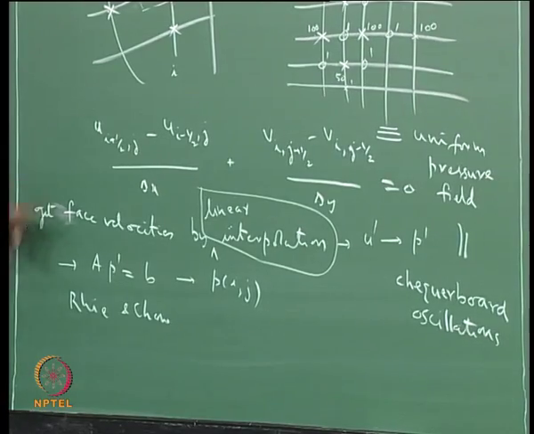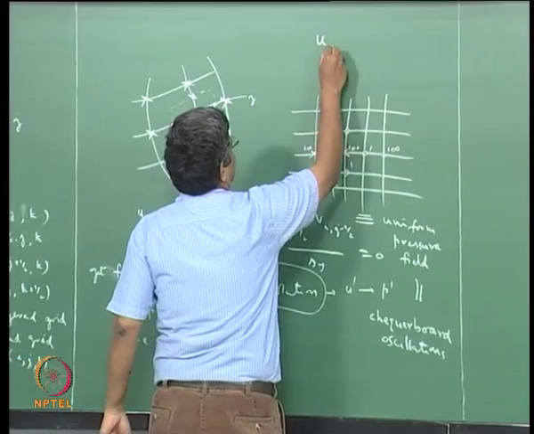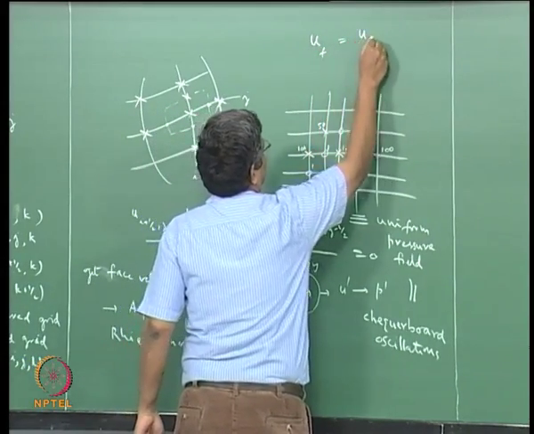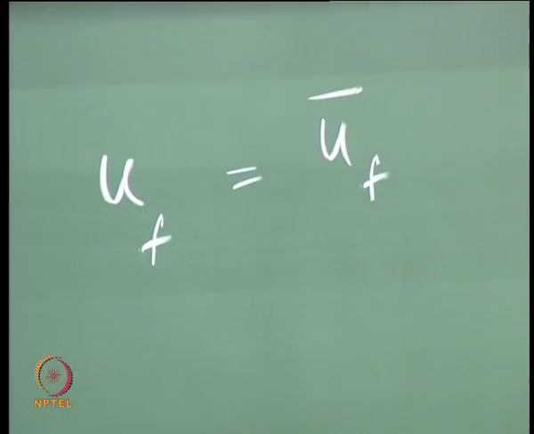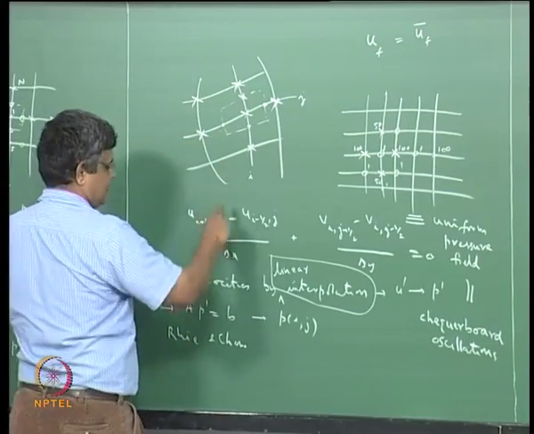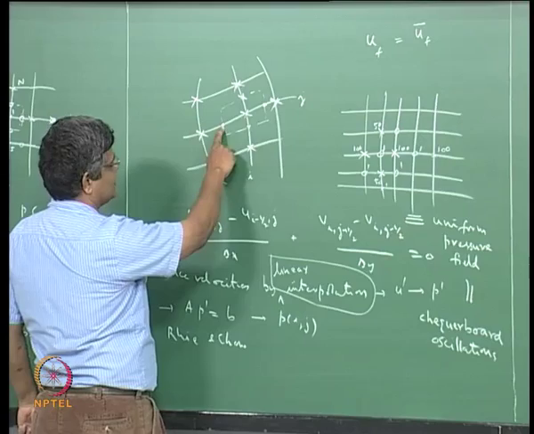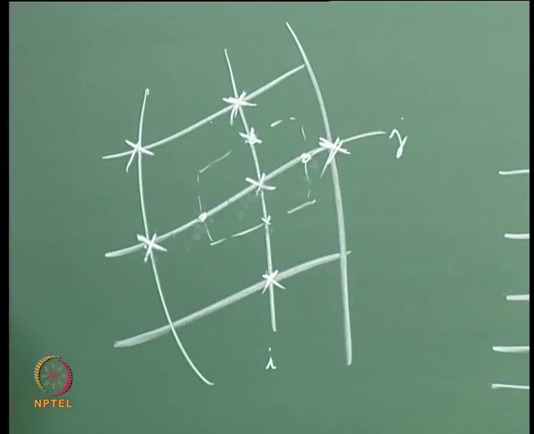They suggested that the phase velocity here is obtained by the interpolated phase velocity. If you want to get the u velocity here, then it is this plus this divided by 2, assuming that these are equidistant.